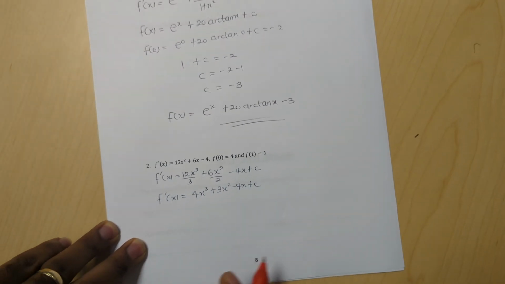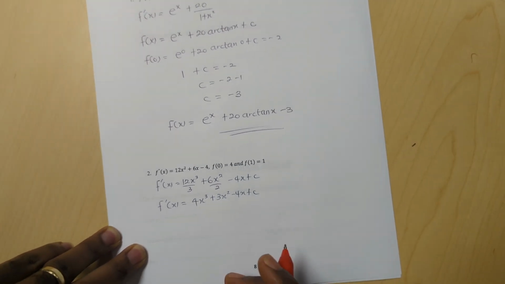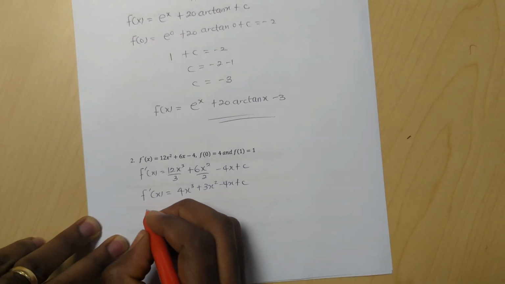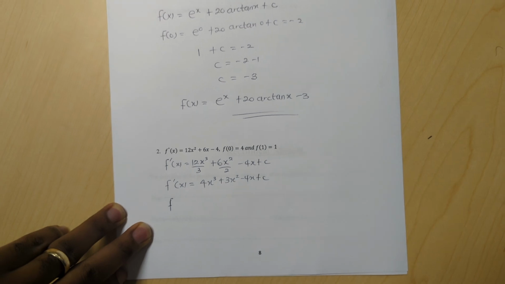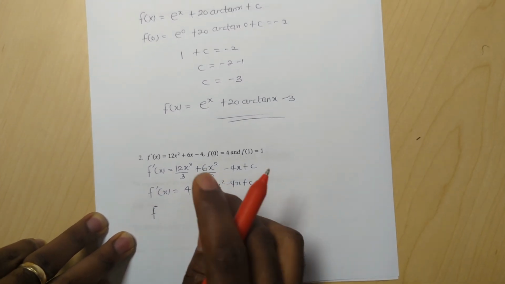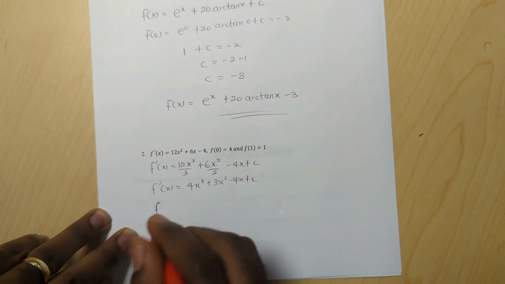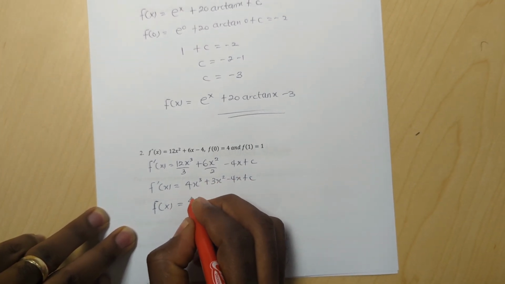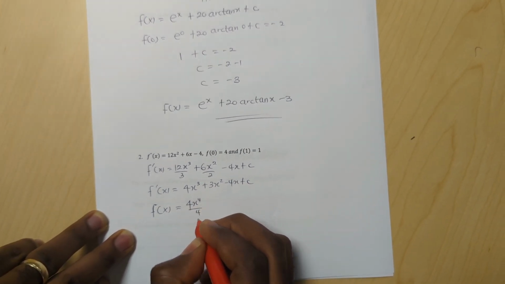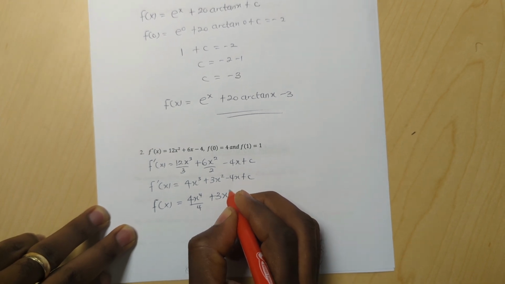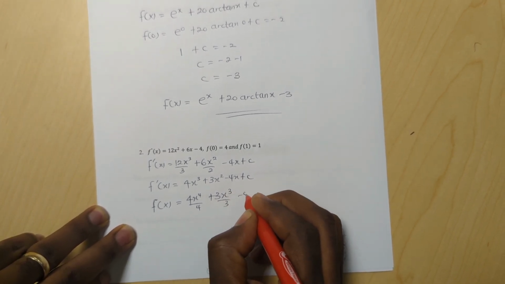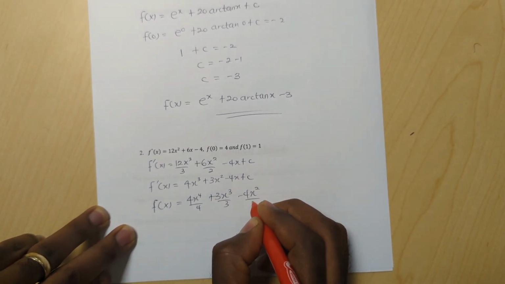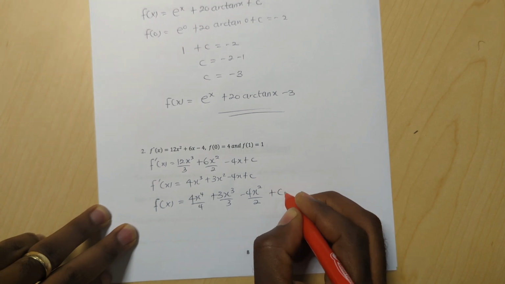We integrate this again. Is that okay? So when we find the antiderivative of this, then we'll get a function. So we have 4x exponent 4 over 4 plus 3x exponent 3 over 3 minus 4x squared over 2, then plus cx.